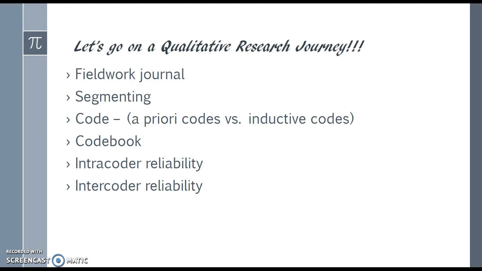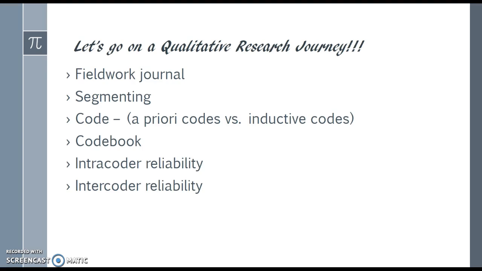And the purpose of the fieldwork journal is to keep track of my notes. It allows me to basically analyze the responses as we go, and it also provides an opportunity for me to practice reflexivity, which is taking a step back and thinking about my participants, the way that they answer the questions, their desire to want to be there.